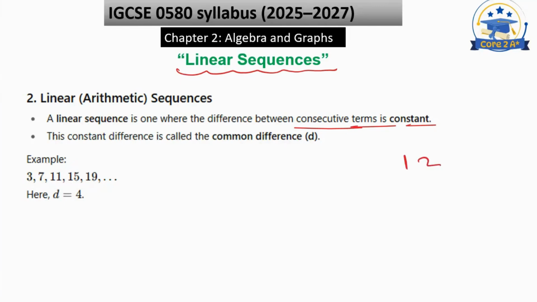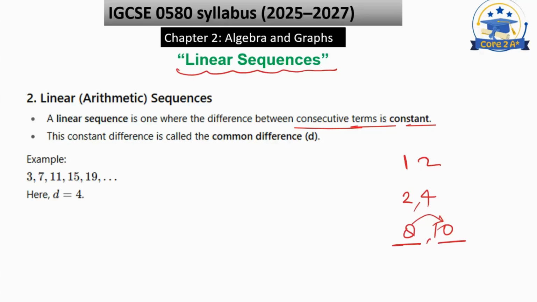Like 1, 2, right? Two consecutive even numbers could be 2, 4, or 8, 10, right? 10 comes just after 8. So this means consecutive. It must be regular. So a linear sequence is one where the difference between consecutive terms is a constant.